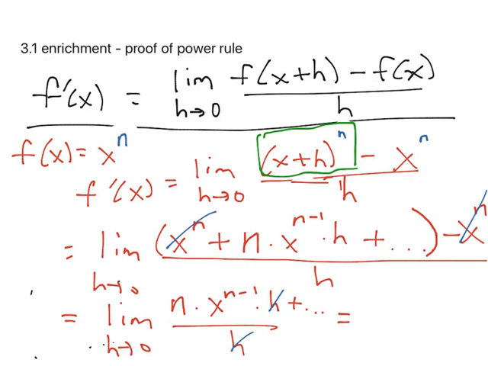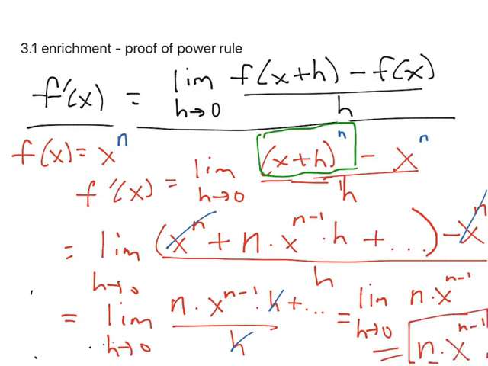Divide by h on top and bottom, and we get the limit as h goes to 0 of n times x to the n minus 1 plus a bunch of terms that go to 0, and that's just equal to n times x to the n minus 1. So we've proven this. If f(x) equals x to the n power, the derivative f'(x) must be n times x to the n minus 1 power. That's it.